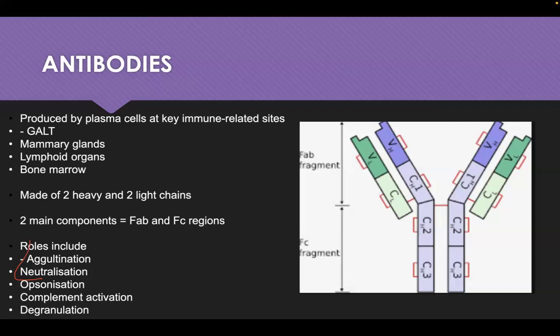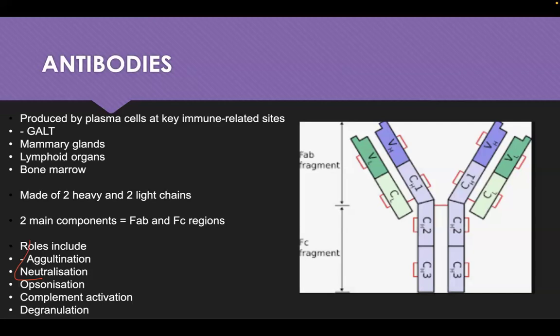It's formed by the variable domain and the first constant domain, and is responsible for binding to antigens with high specificity. Then we have the Fc region, which is the fragment crystallizable, and it's essential for immune system activation.